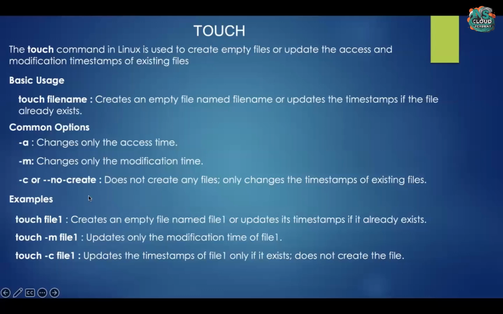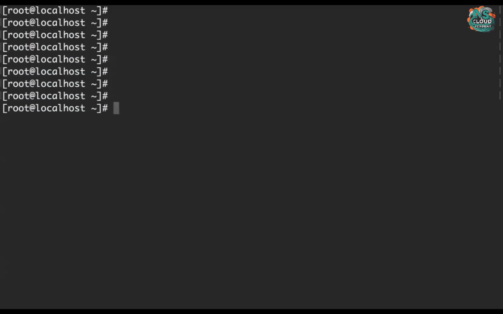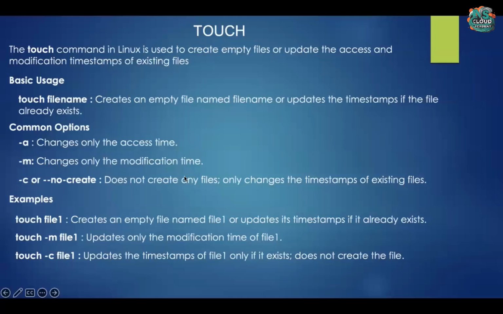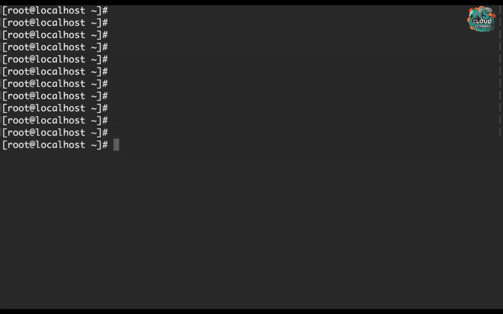So let's suppose if you wanted to change only the access time, you can use -a, right? Just like on a file, different times are there, such as creation time, access time, modification time. All these timestamps are there on any file. So if you wanted to update only the access time, you can use touch space -a.